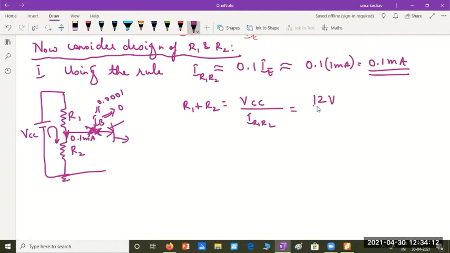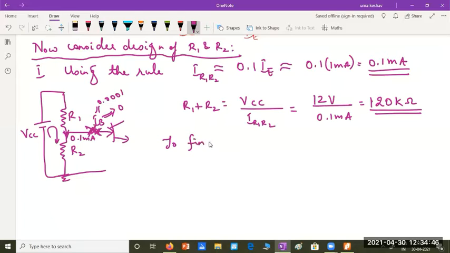VCC was given as 12 volts and this current is assumed as 0.1 milliamps. Right? So this turns out to be, is it 120K? 12 by 0.1 is 120, 1 by milli. Yes or no? So this turns out to be 120 kilo ohm.